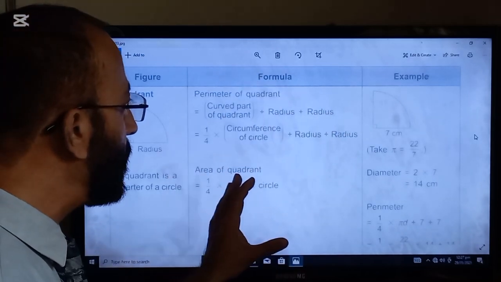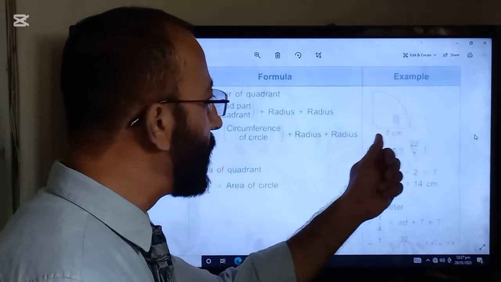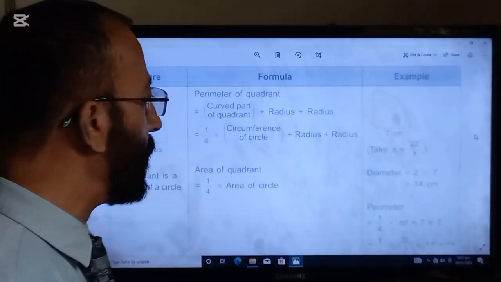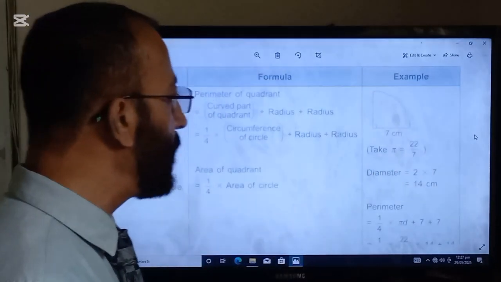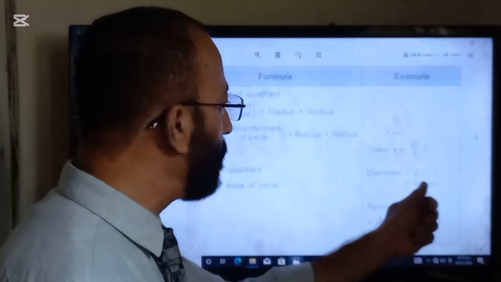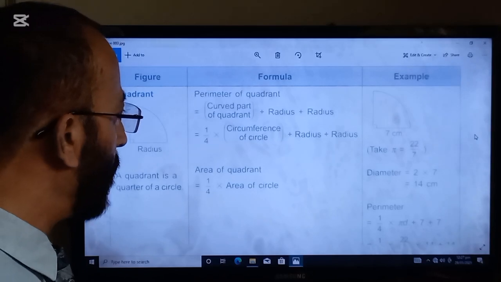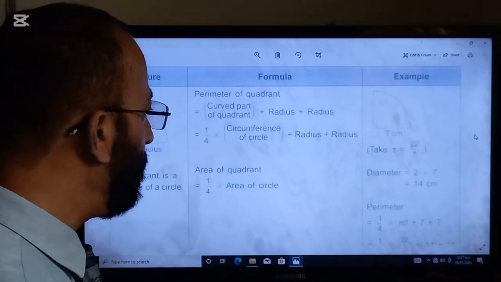Now we will clear these concepts through an example. Here is a quadrant that is having a radius of 7 centimeter. Pi's value is 22 by 7. So diameter is 2 times of the 7, that is 14 centimeter. There was no need of the diameter anyways.